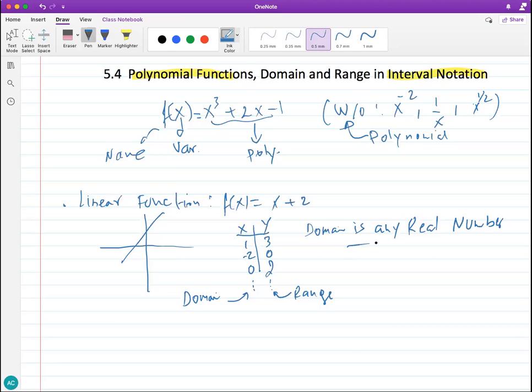If you look at the number line, when we represent the numbers, we say 0 here, and infinity. So the numbers go up, 1, 2, 3, 4, all the way to infinity. You don't stop. On the other side, -1, -2, and so on, all the way to negative infinity. So the domain is all the real numbers, which we can write in interval notation like this.